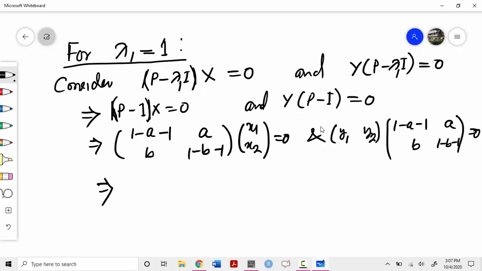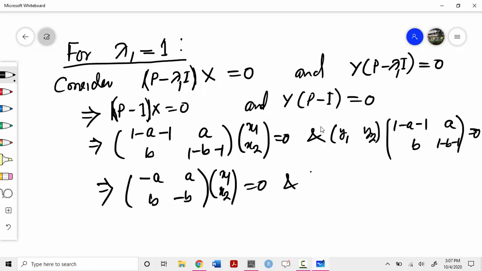So this implies [minus a, a; b, minus b] [x1, x2] equal to 0 and [y1, y2] [minus a, a; b, minus b] equal to 0.